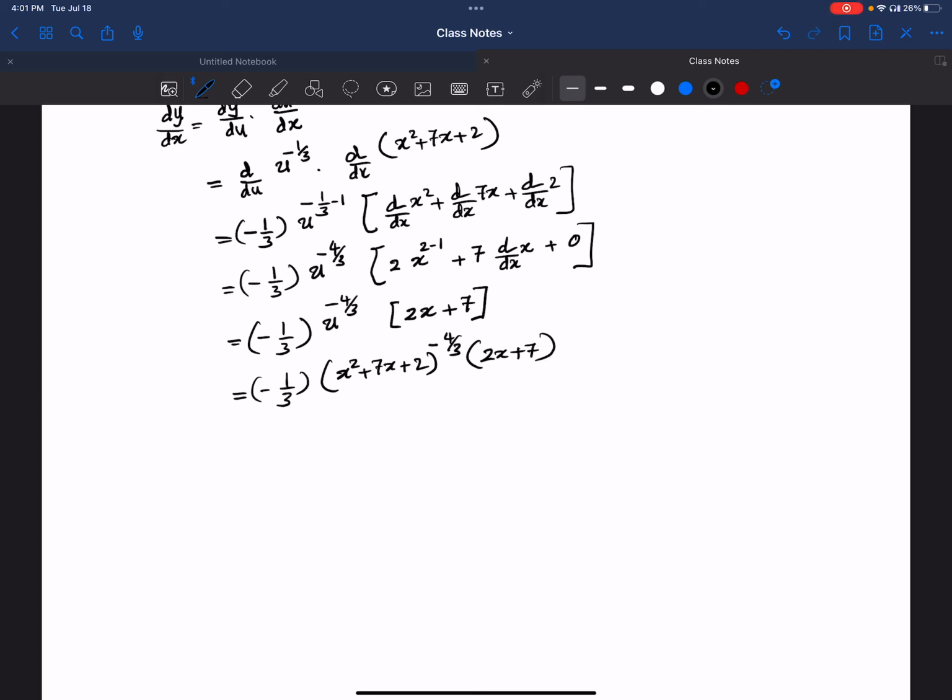I can further simplify this by moving the negative power into the denominator. So it's going to be negative (2x plus 7) divided by 3 times (x squared plus 7x plus 2) to the 4 thirds. That's dy over dx.